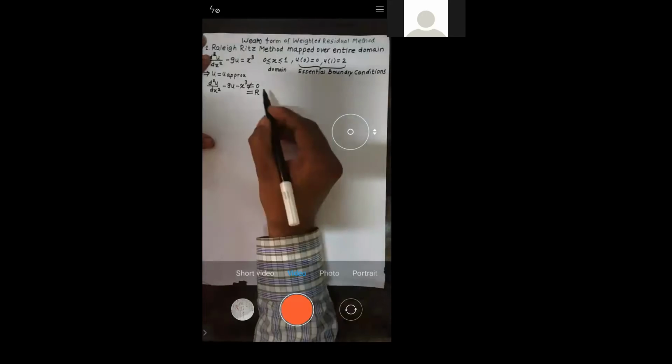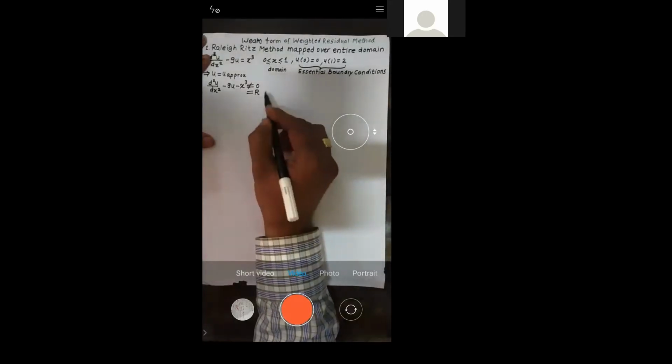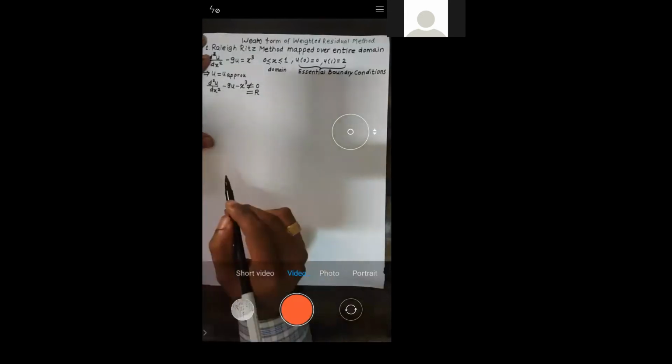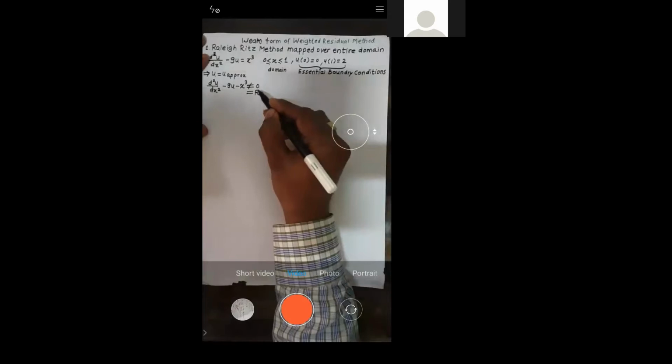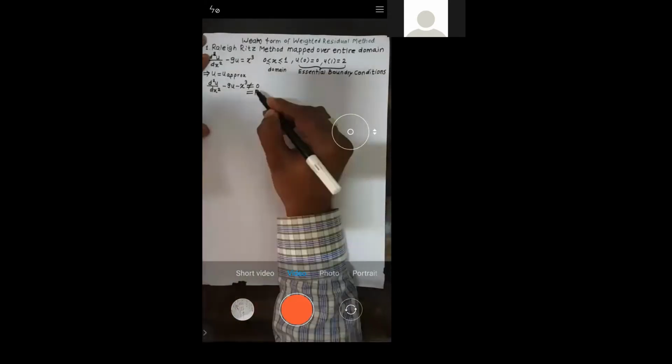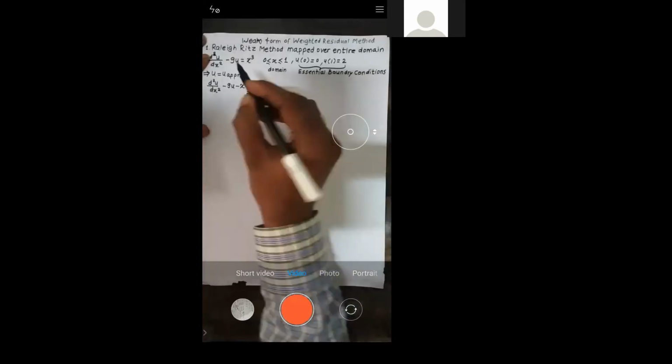That means there is some error, and that error I will call a residue. Residue is nothing but error. Now I am interested in making this residue equal to 0. Then my approximate solution becomes equal to the exact solution.